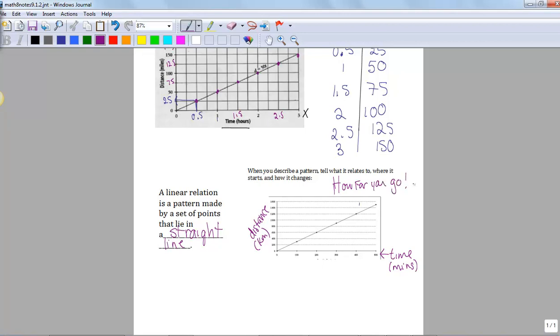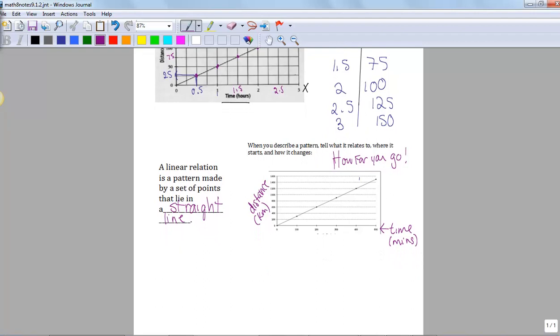Okay, so we're going to say when you describe the pattern, tell what it relates to. So this is going to be answering in words. So you can say this shows the relationship between time and distance.